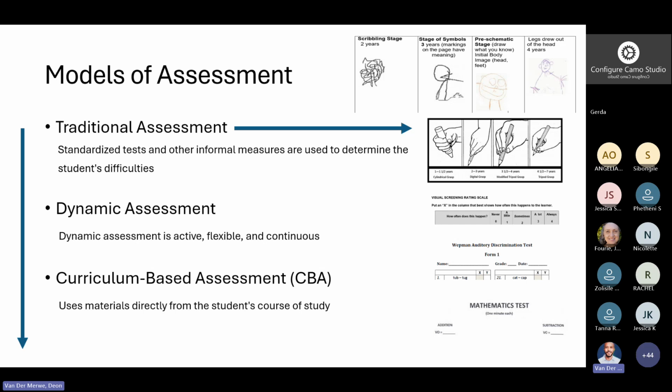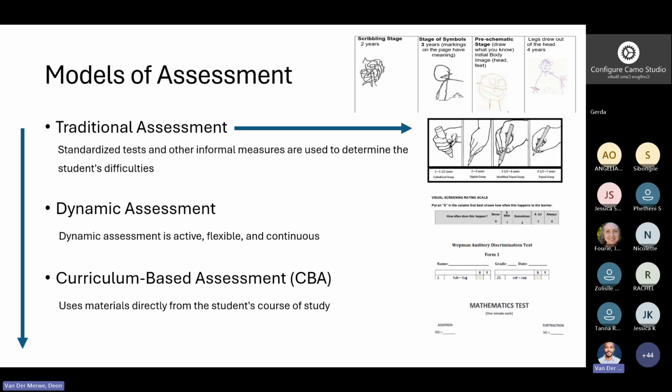And so the environment is important. This type of assessment is quite flexible, and it focuses on the learner's ability to learn when given support within the environment that the learner is currently in.